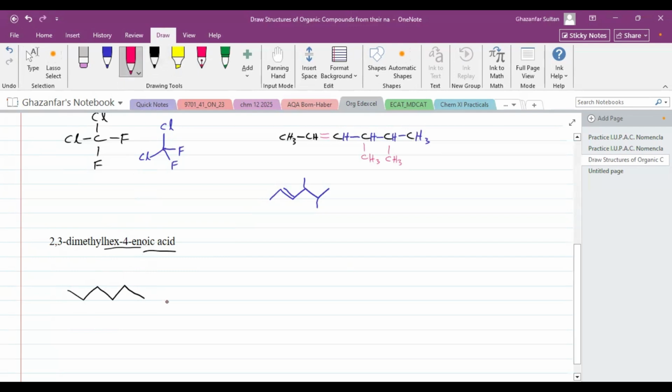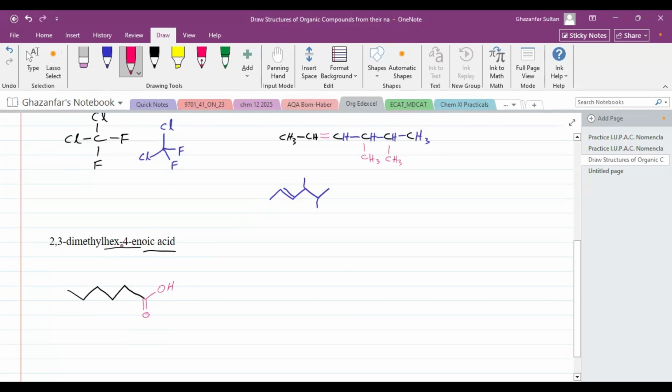So you can draw it on any one terminal, whether here or here. So this is the carboxylic group. The same carbon atom is used. Do not make any other carbon atoms, because your parent chain contains only the 6 carbon atoms, hexene.